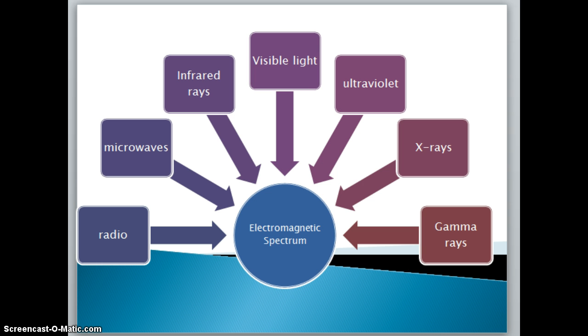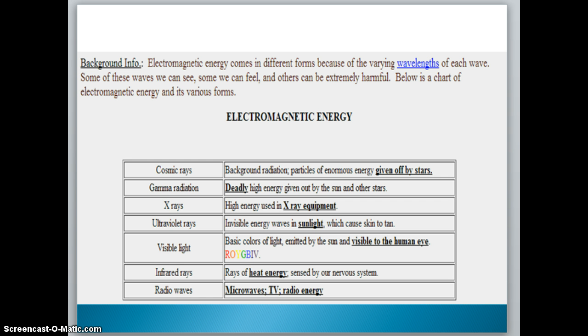So there are telescopes that can detect them, so that they can prepare if something were to happen. All these different waves come from the sun. All of the electromagnetic energy, all these electromagnetic waves can come from the sun.